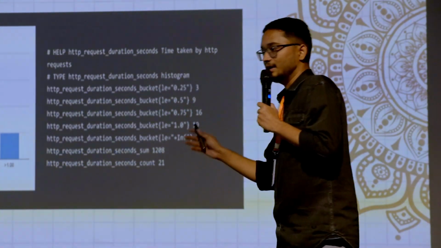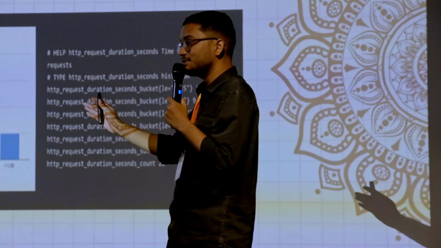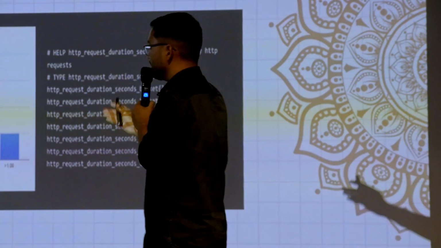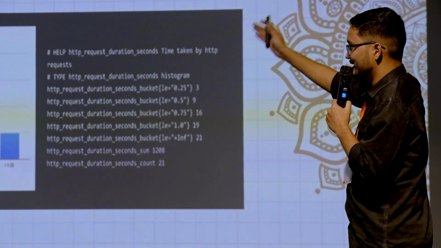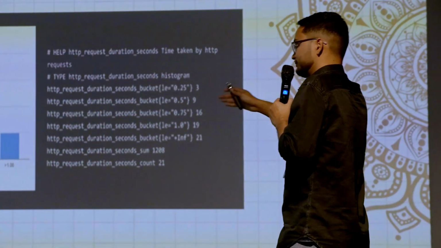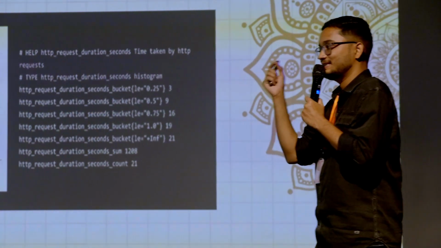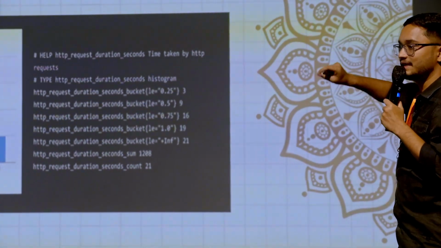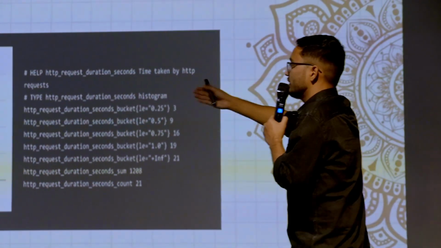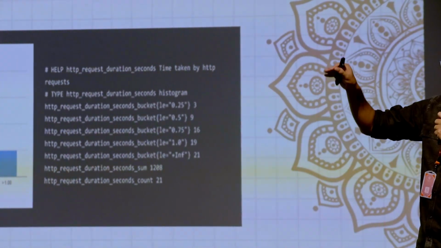Now let's talk about the different metric types in Prometheus. There are only 4 types of metrics: counter, gauge, histogram, and summary. A counter provides a single value at a single timestamp, and it is monotonically increasing, such as the total number of requests served by this server or the total number of errors.